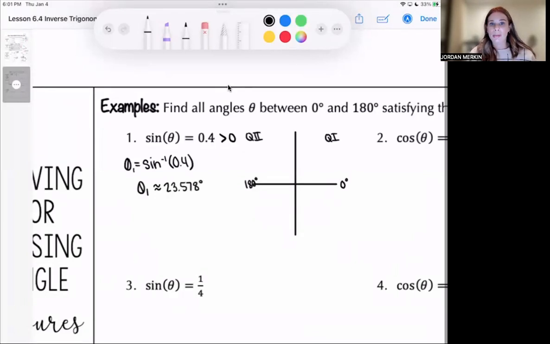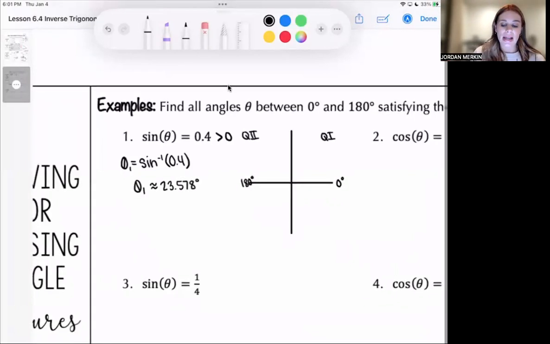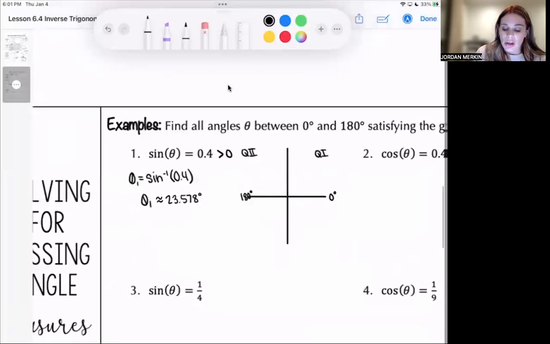Okay, but there's a problem here. This is not the only answer. We also need to figure out the answer that's in quadrant 2. Well, if you remember, this was theta 1, approximately. And theta 2 is going to actually kind of be symmetrical over here.